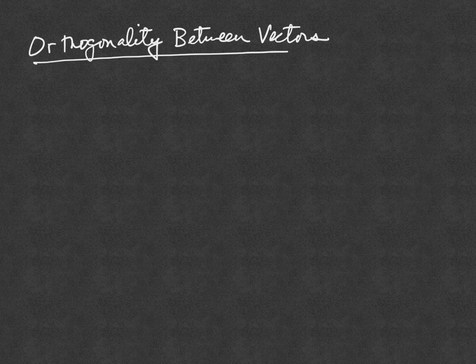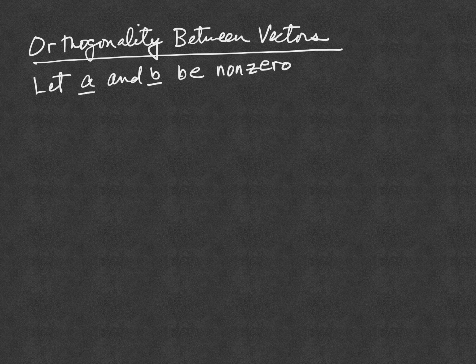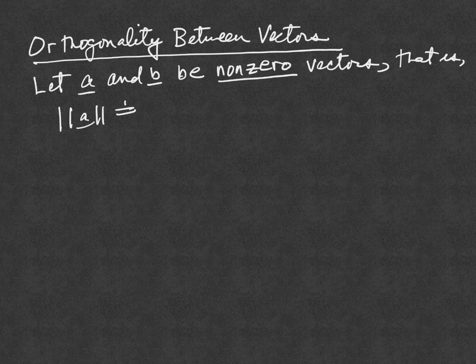So again, we're going to do this from the start. We're going to say let A and B be non-zero vectors. What that means is the magnitude of A is not equal to 0, and the magnitude of B is also not equal to 0.